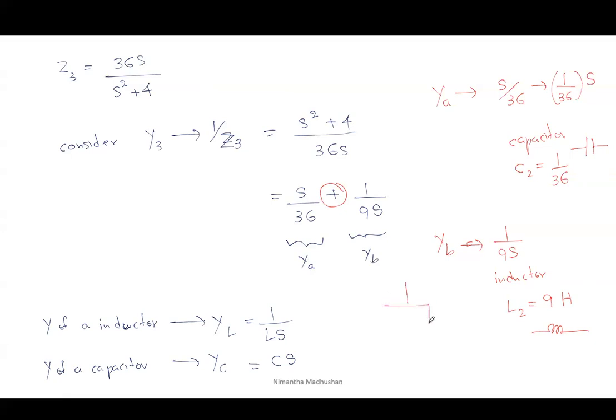Then we can draw an inductor plus capacitor for Y3. This is Y3. The capacitor is 1 over 36 and the inductor is 9 Henry.